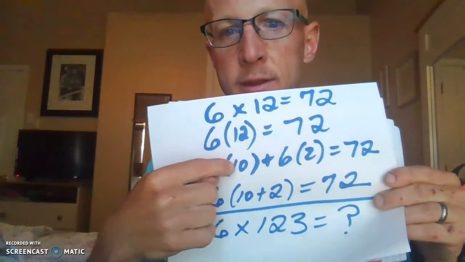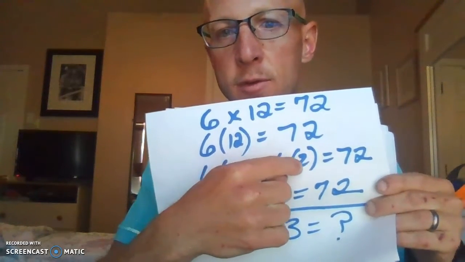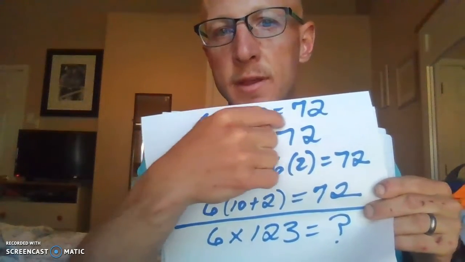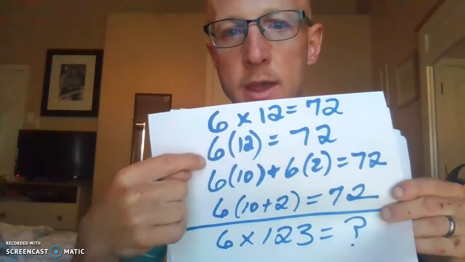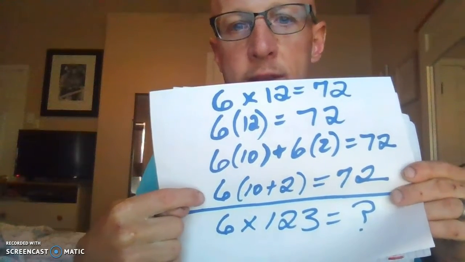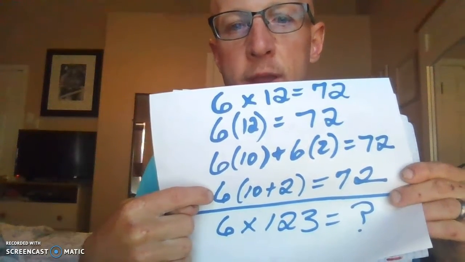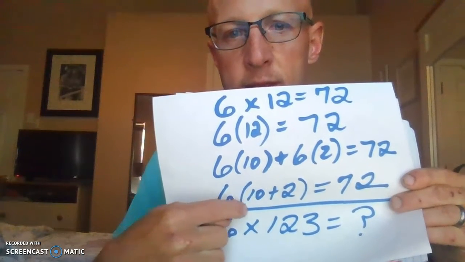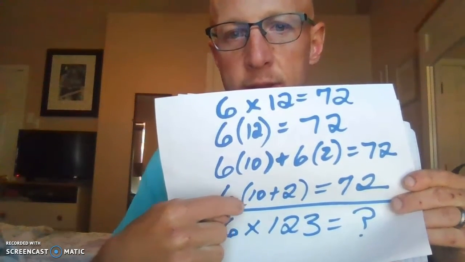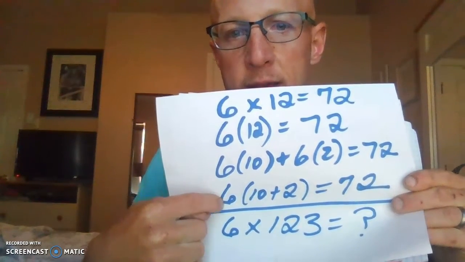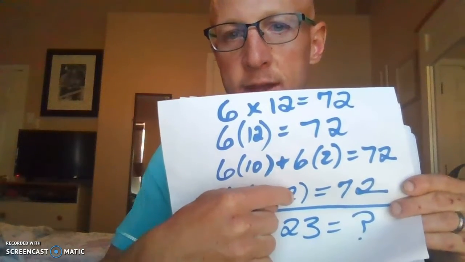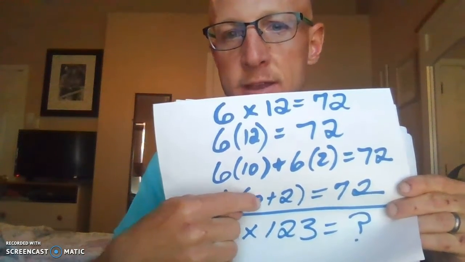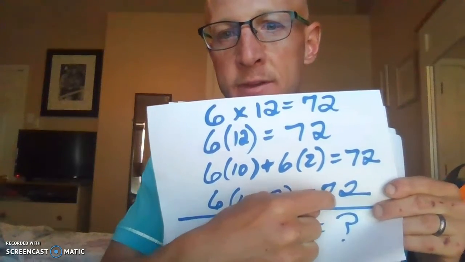We have 10 plus the 2, which brings us back to our 6 times 12 is 72. If we can express that using the distributive property, it allows us to demonstrate that 6 times 10 is 60 plus 6 times 2 is 12. And if we add 60 plus 12, we get 72.